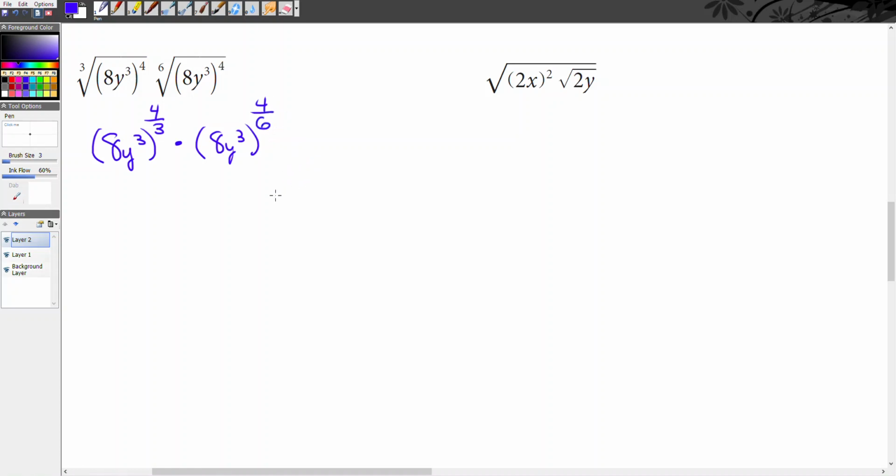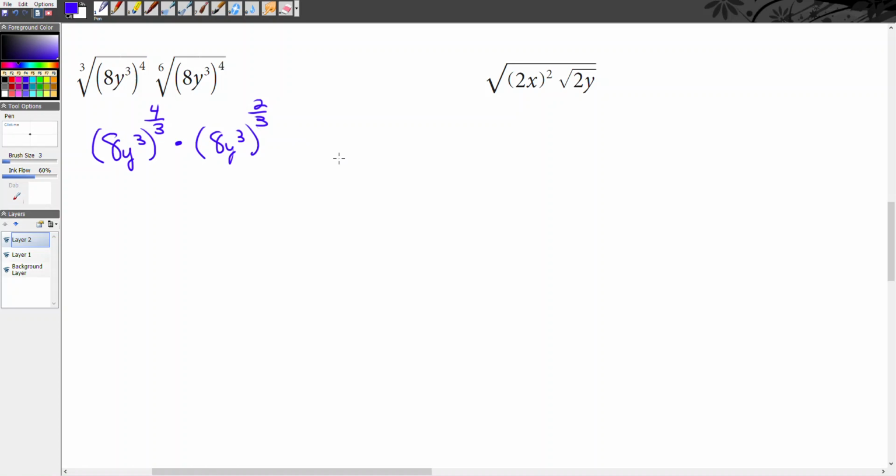A cool thing you can do with rational exponents is apply all the fraction rules to them. I see that this second exponent is 4/6, and that can be simplified to 2/3. So I can rewrite this as 8y to the third to the 2/3 power.